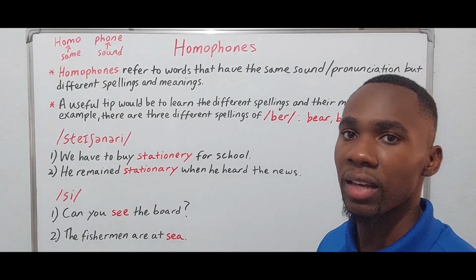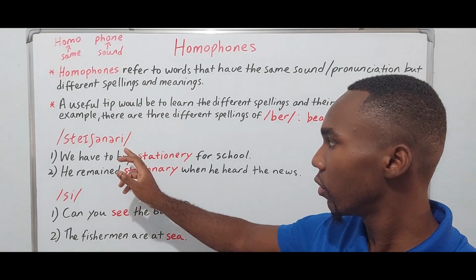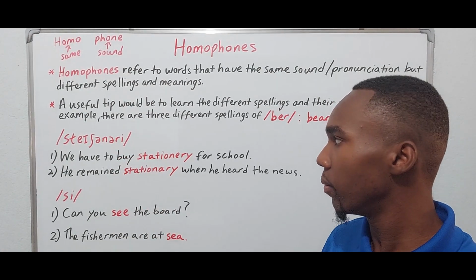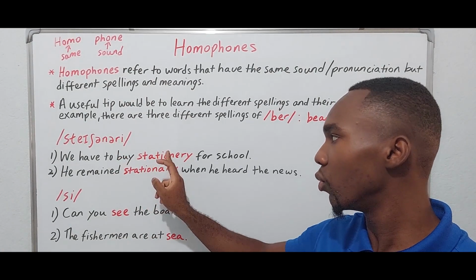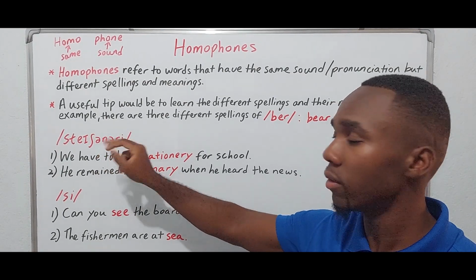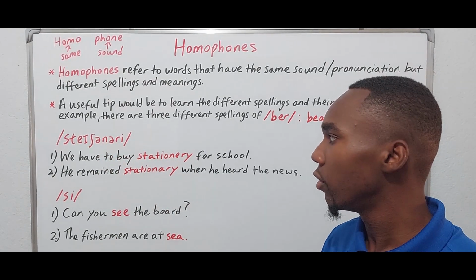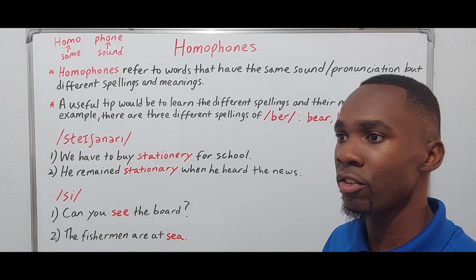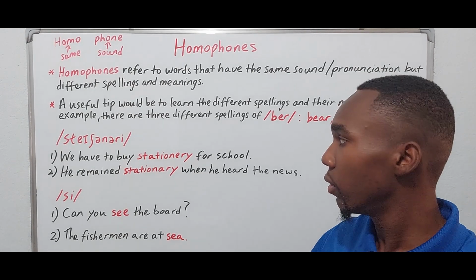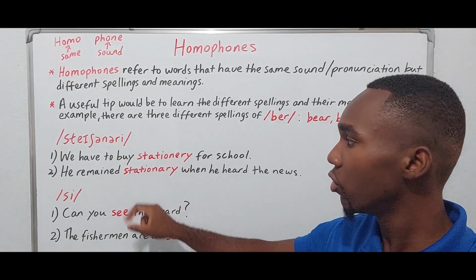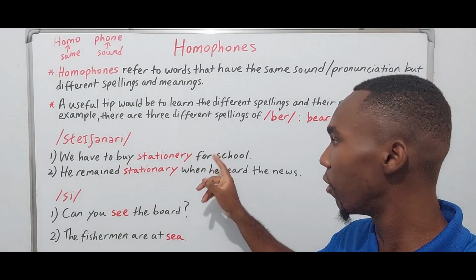So let's see some more examples of homophones. So we have stationary, and obviously both of those words are pronounced that way, right? Stationary has two spellings. You have one with the E, so we have to buy stationery for our school.